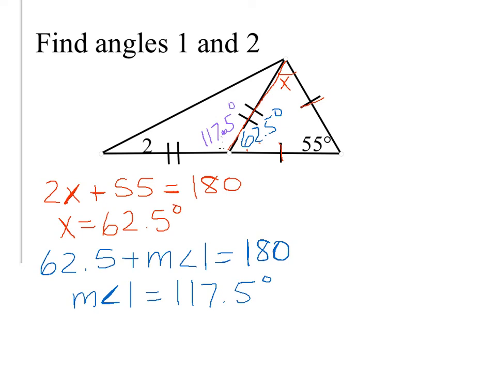So now in the triangle on the left, 117.5 is the vertex angle. That's the one that's not congruent to the other two. Angle 2 and this angle over here are the base angles. These are the congruent ones. So let's say I call them both y.